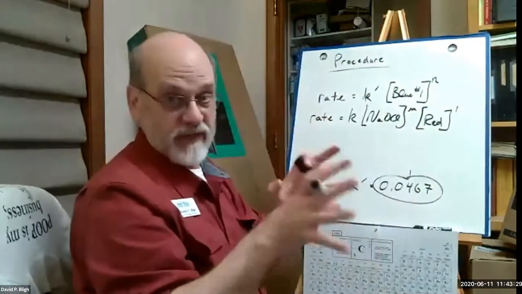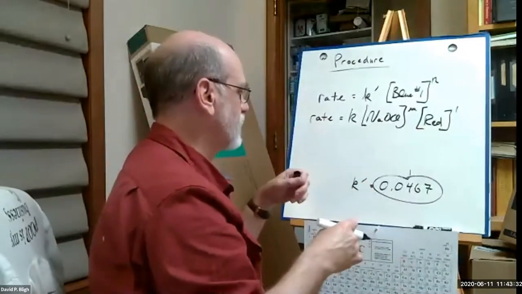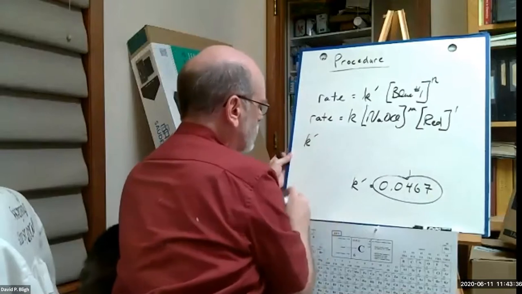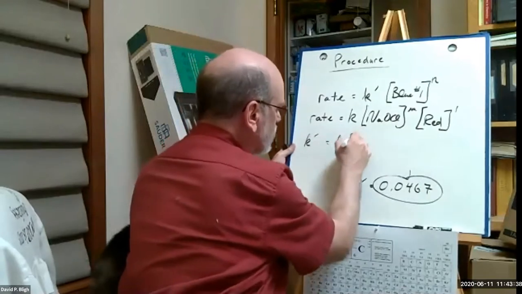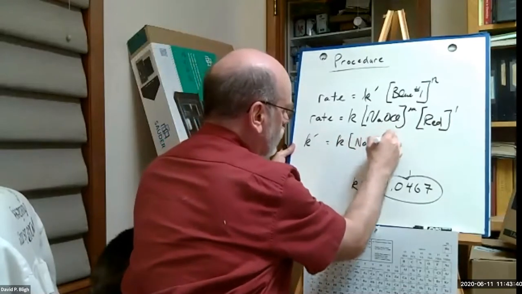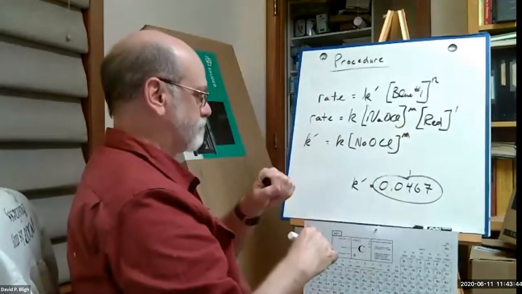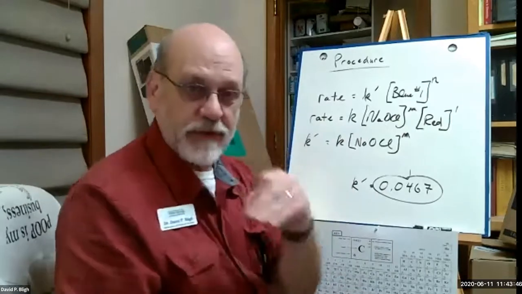We already discovered that one, first power. Then what's the K prime? Well, the K prime is equal to K times sodium hypochlorite to the M. Well, we've got two different K primes.